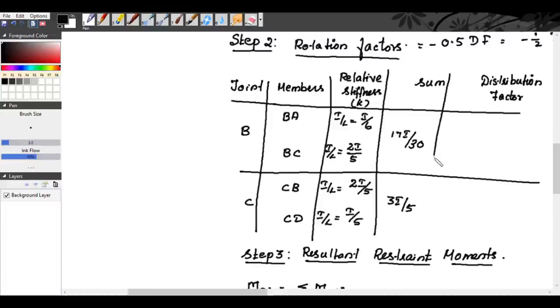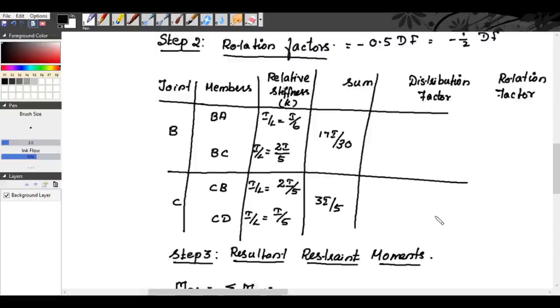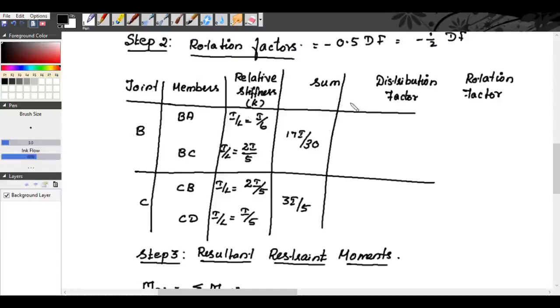Now we will find the distribution factor. We know distribution factor is k by sigma k. So I by 6 divided by 17I by 30, we get 5 by 17.